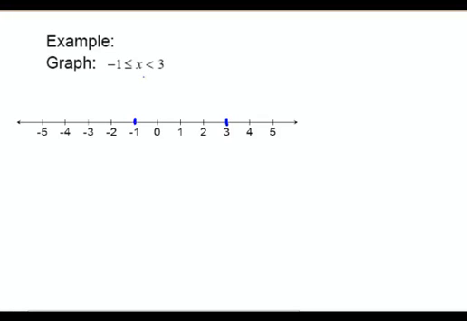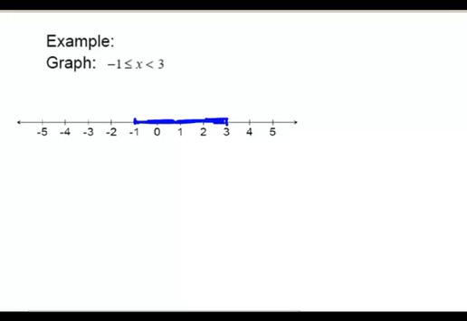And this says x is between those. So we're going to shade in the middle part. The -1 is less than the x, and the x is less than 3. But an easier way is just to say x is between -1 and 3. So it's going to be this middle section.